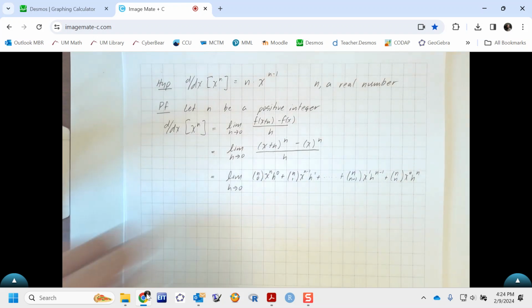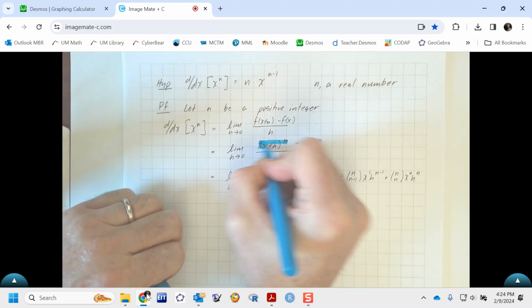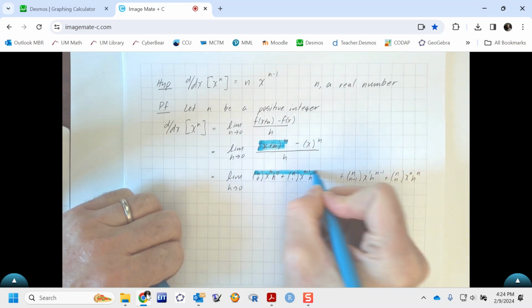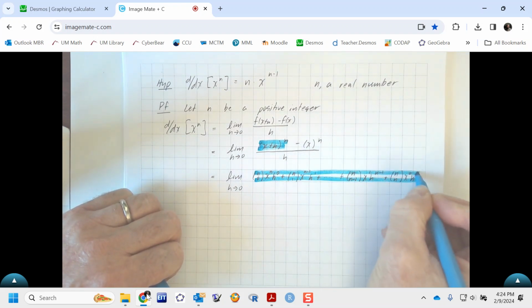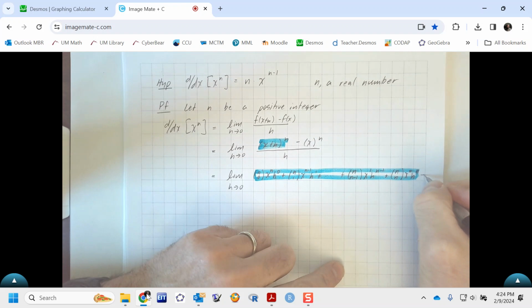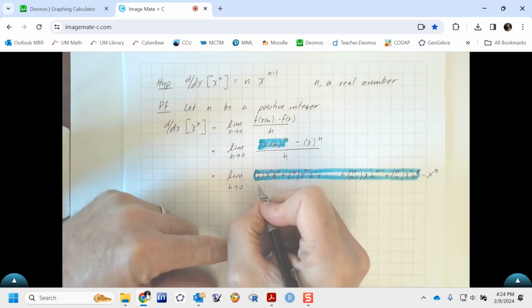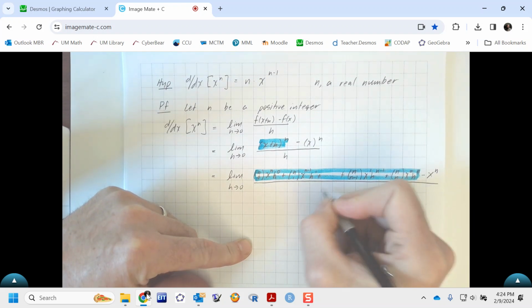So that whole thing is equal to what's above by the binomial theorem. I hope that makes sense. But it also seems that we're missing one x to the n right there, and we put that all over h.